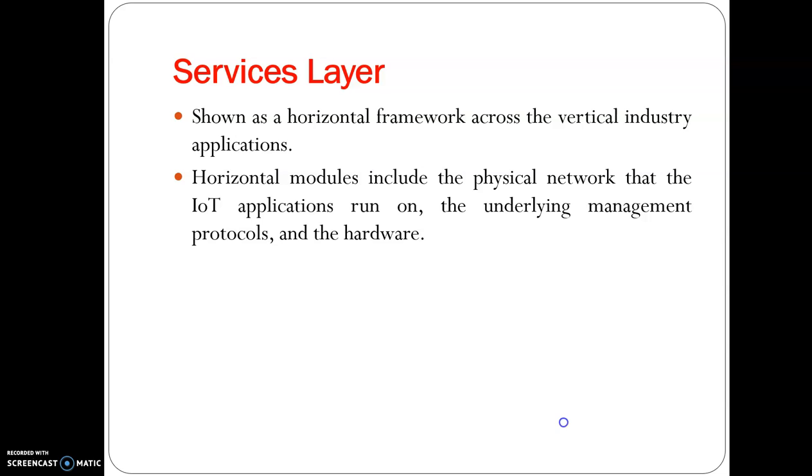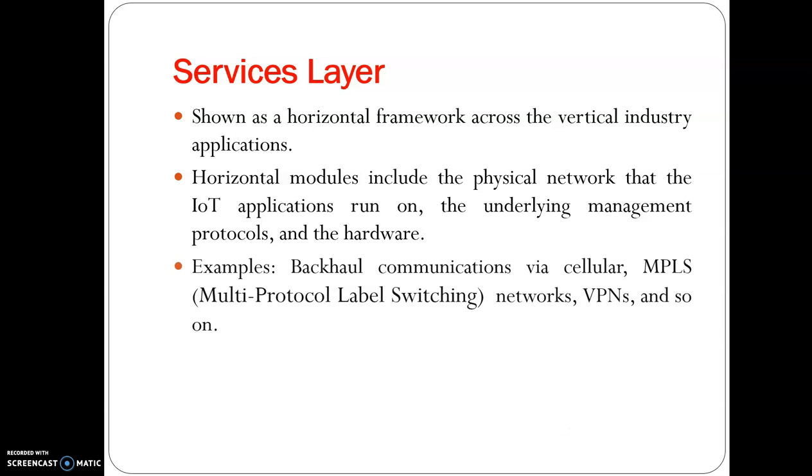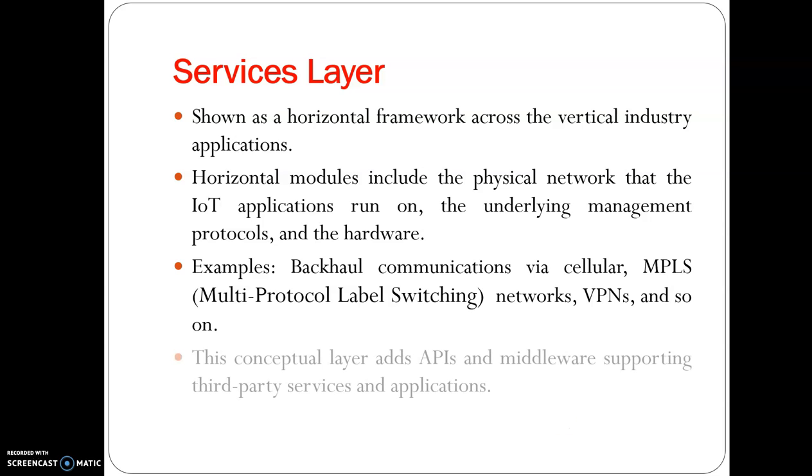Examples include backhaul communication via cellular, MPLS, that is multiprotocol label switching network, VPN and so on. This conceptual layer adds an API and middleware supporting third-party services and applications.